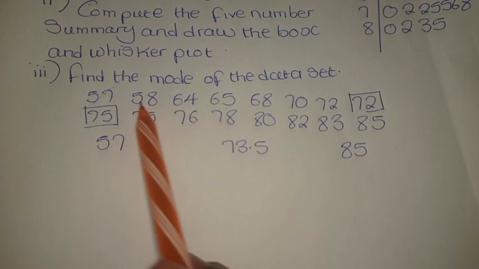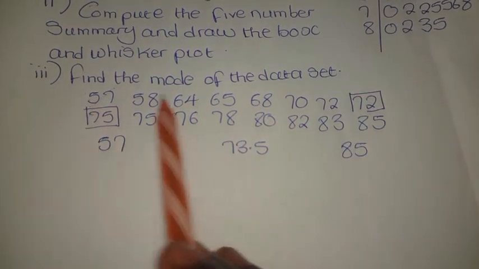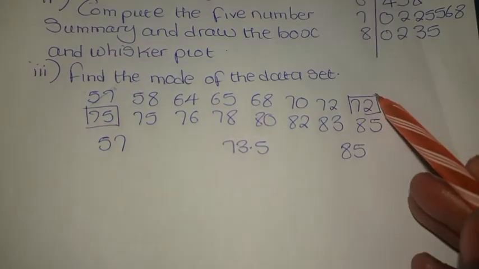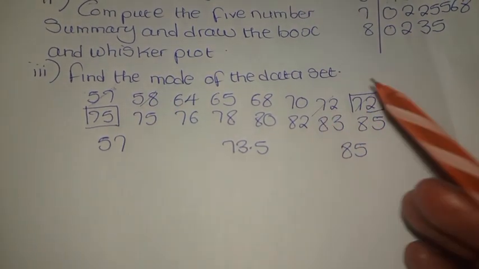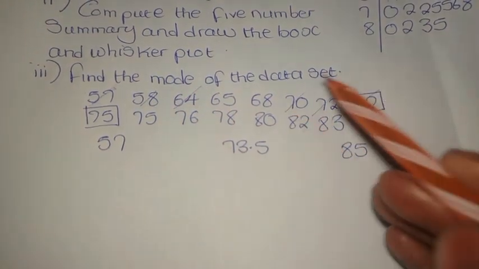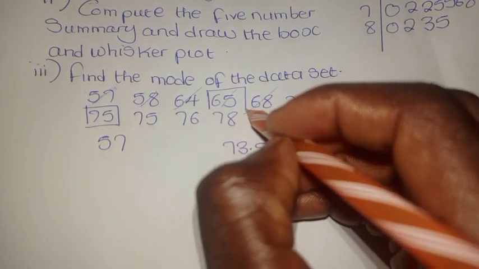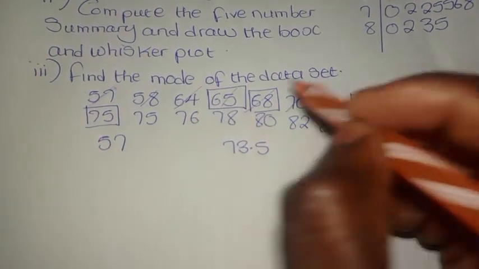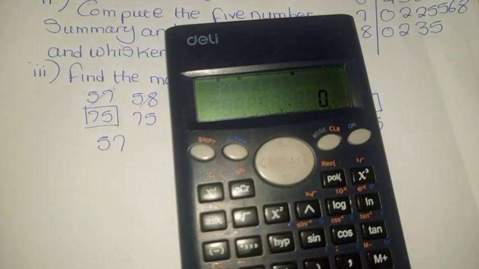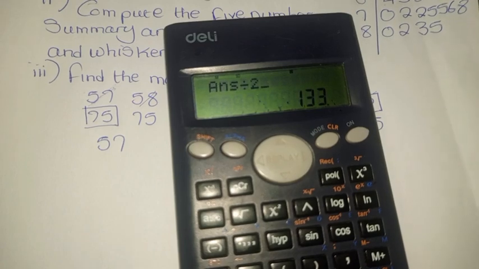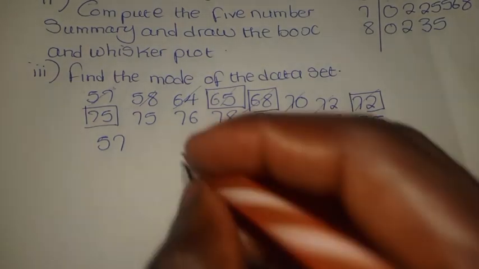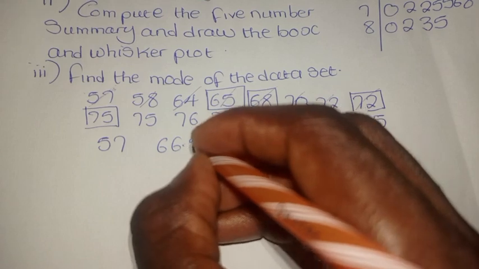We cancel here, we cancel there, repeating until we find that the first quartile is between 65 and 68. So 65 plus 68 divided by 2 gives 66.5.